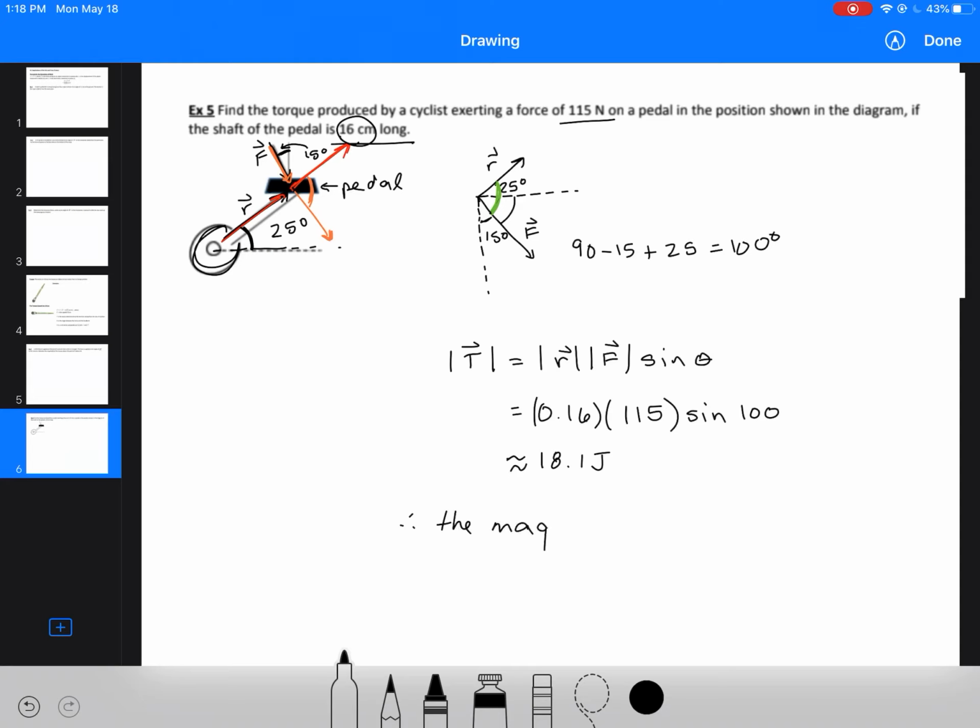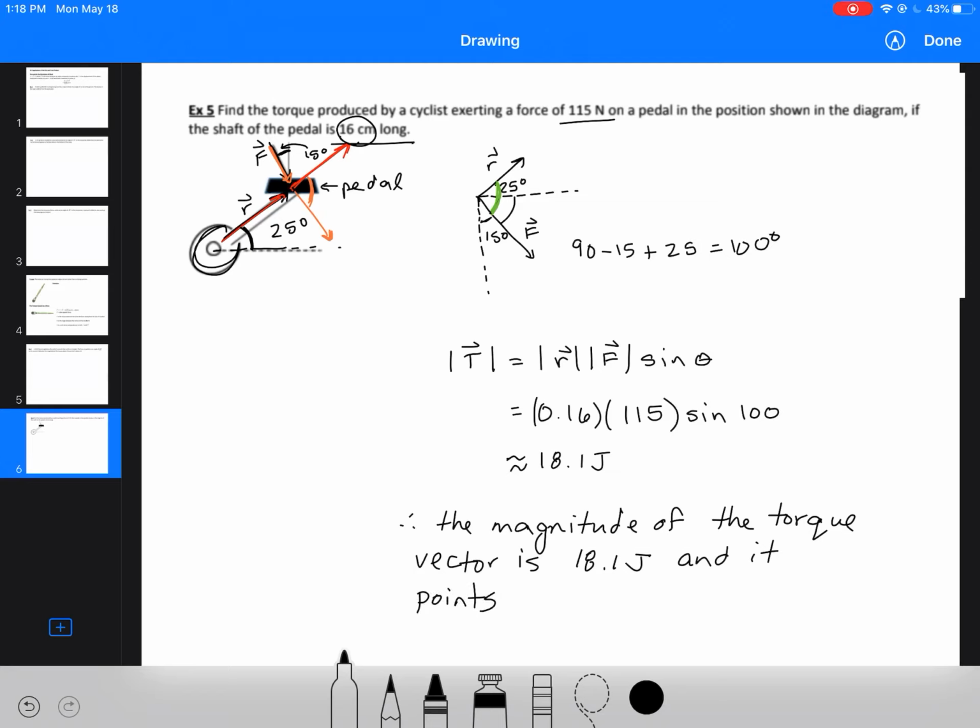So the magnitude of the torque vector is 18.1 joules. And since we're just asked to find the vector, we need the direction as well.